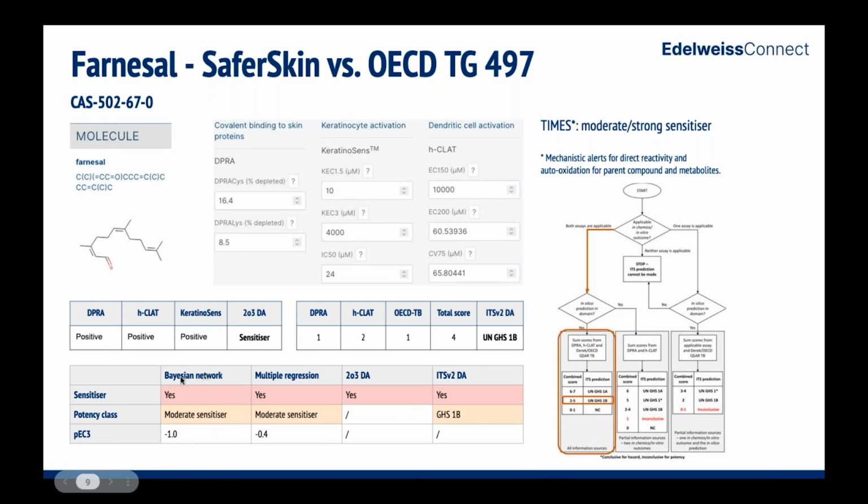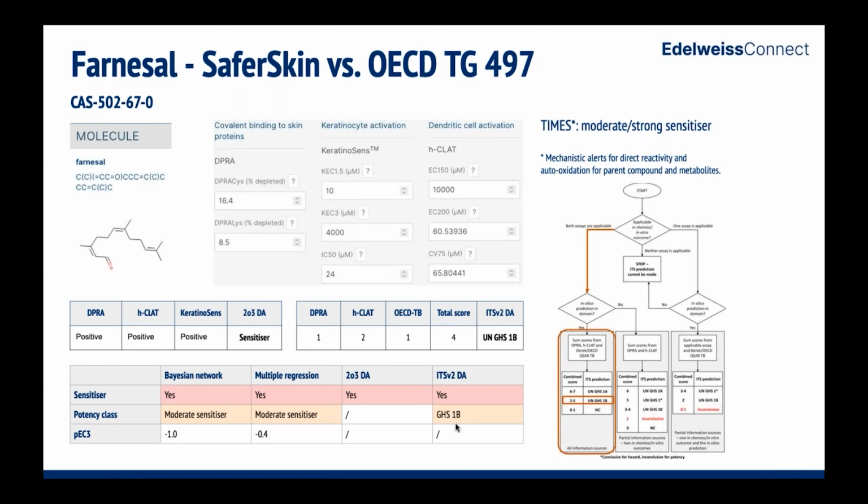The Bayesian network also gives potency quantification with the PEC3 value. Within the SaferSkin app, there is another approach, multiple regression, and this also classifies any chemical as non-sensitizer, weak sensitizer, moderate sensitizer, and strong sensitizer, and also gives the PEC3 value.